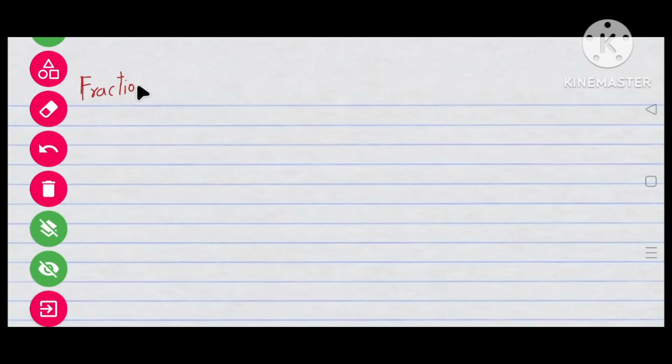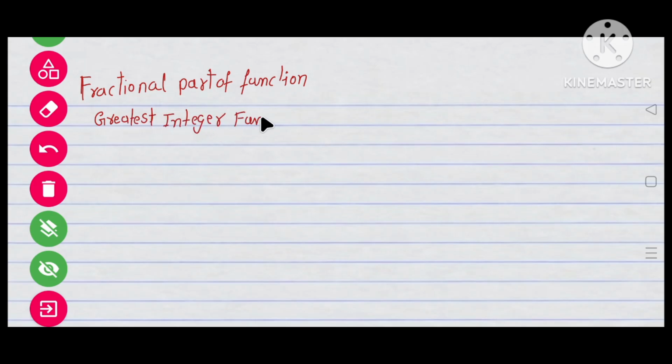Now let's move to the fractional part of a function. The greatest integer represents the whole number part, and the fractional part is represented by the fractional part function.